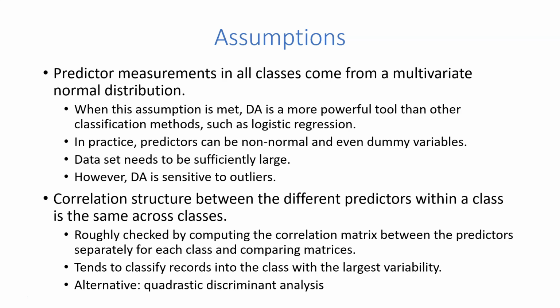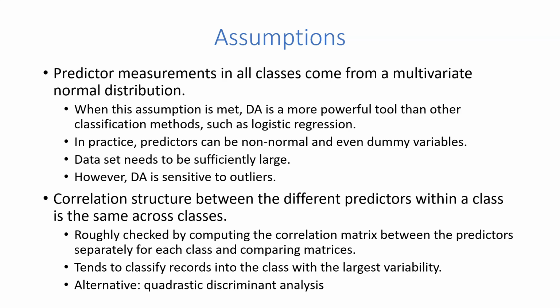The second assumption is that the correlation structure between the different predictors within a class is the same across classes. Whether your data meets this assumption or not can be easily checked by inspecting the correlation matrices between the predictors for each class.